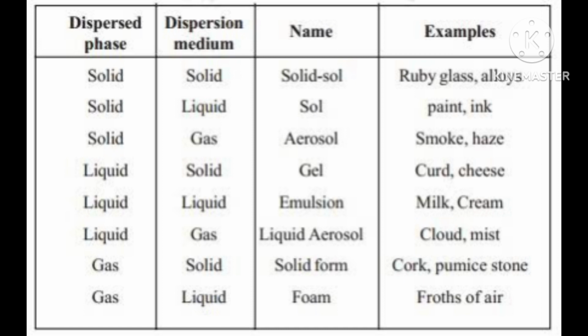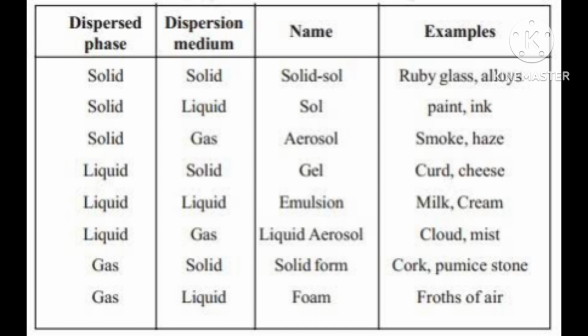Whether solid or liquid, if it is mixed in a gas, then it is called aerosol. Gas is in more and solid or liquid is in less quantity. Gas is common. Liquid plus gas is also called aerosol.